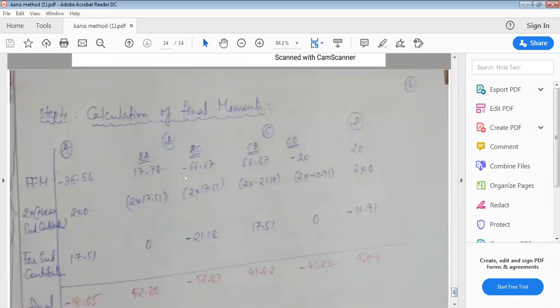For BC, you can see minus 66.67 is the fixed end moment, near end contribution is 17.51, and far end contribution is minus 21.18. So if I sum up, I will get some value.